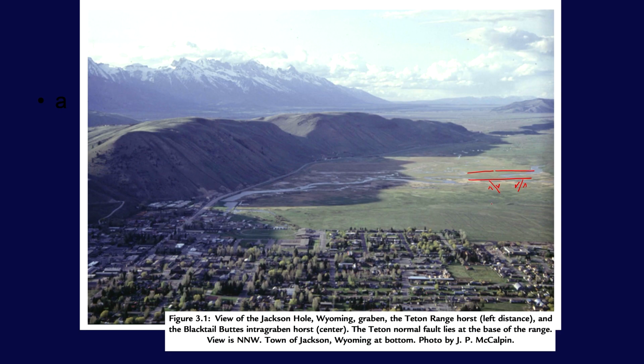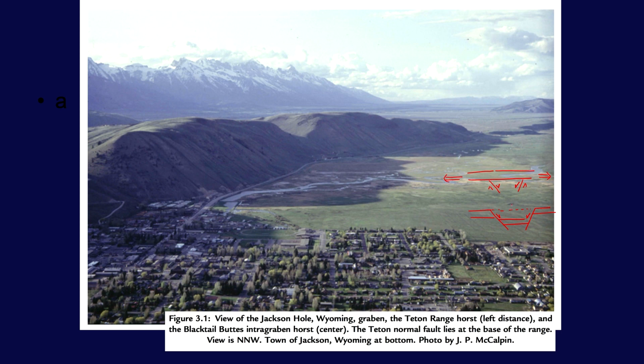In most cases, if there is an extension going on like this, then what you are going to see is something like this. Most geologists believe that there is a relative movement along the faults, but this portion remains stable, and only the movement is on the downward side.